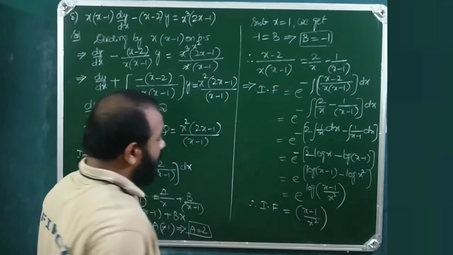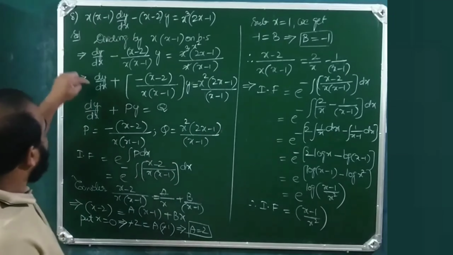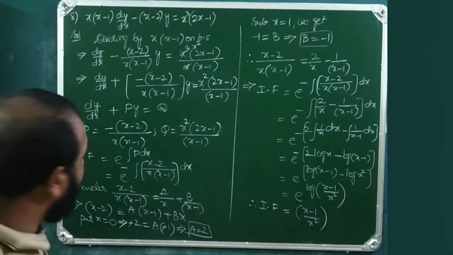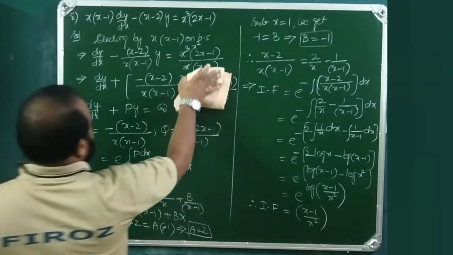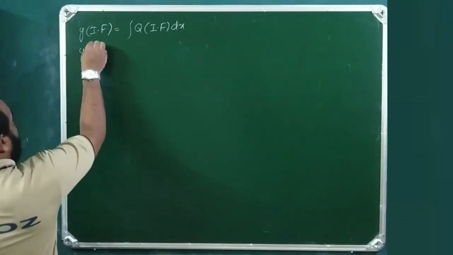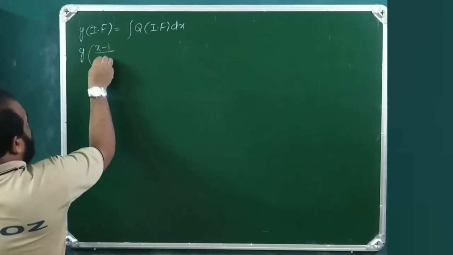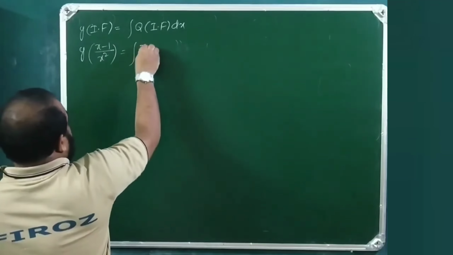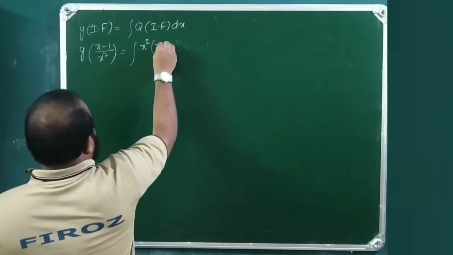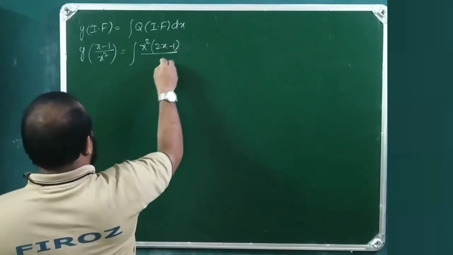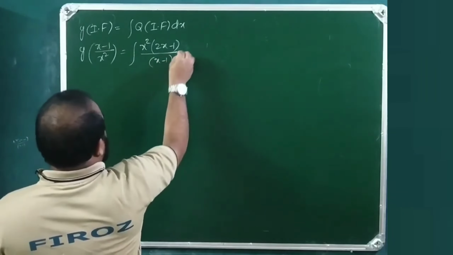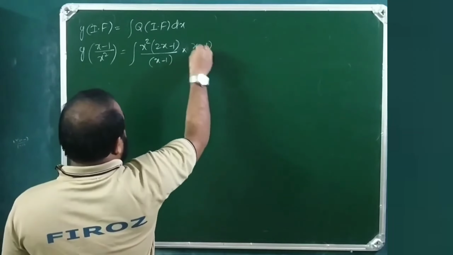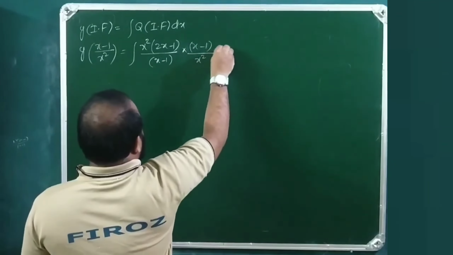So this is equals to x minus 1 by x square is the integrating factor. Now the general solution is y into integrating factor is equals to integral q into integrating factor into dx. So y into integrating factor, x minus 1 by x square, is equals to q value we got earlier to be x square into 2x minus 1 by x minus 1 into integrating factor x minus 1 by x square into dx.